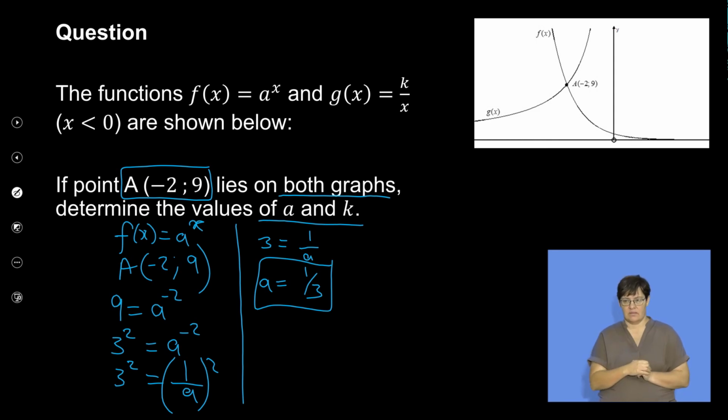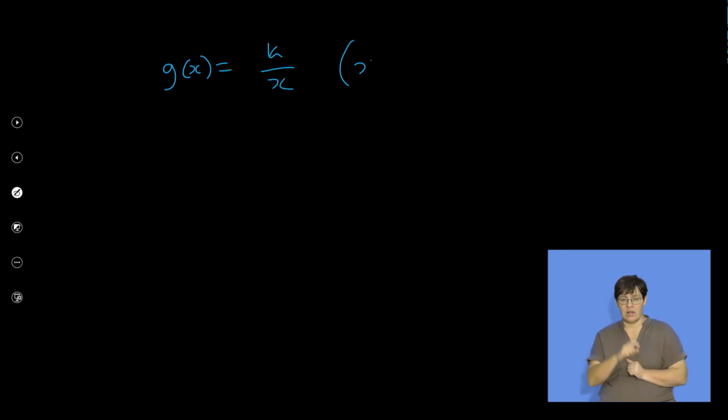Then for the value of k, we'll use the same coordinates of A. So g of x is given by k over x, and we know that x is less than 0. We also know we have a point A, which is minus 2 and 9.